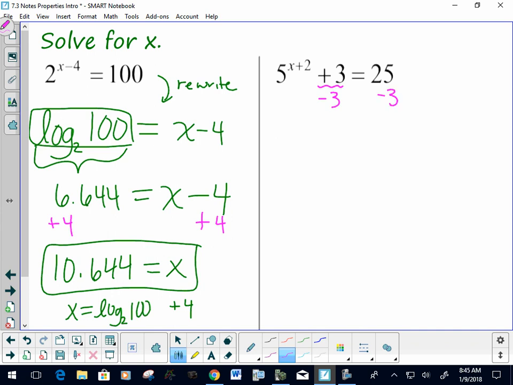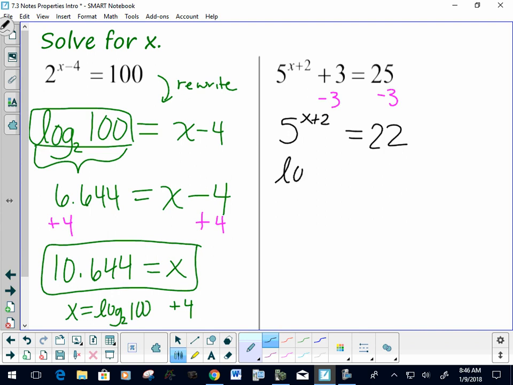So we'll subtract 3 from both sides. And sorry if that looks like I was dividing. If we subtract 3 from both sides, we now have the equation 5 to the power x plus 2 is equal to 22. So if you have extra things happening to that exponential, then you need to take care of those first.